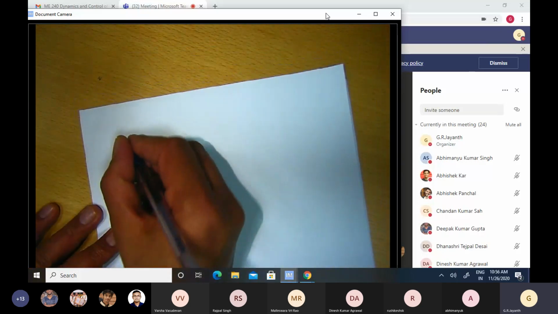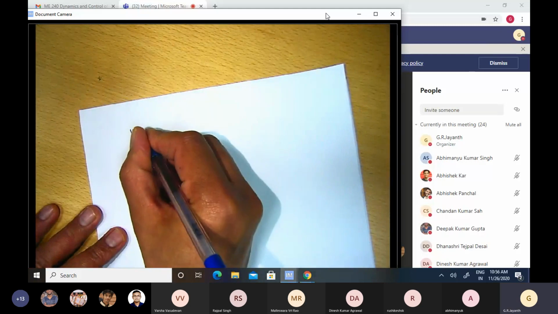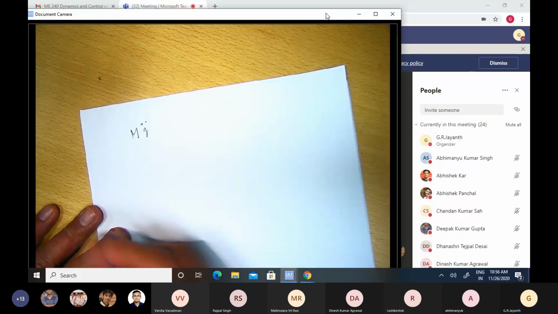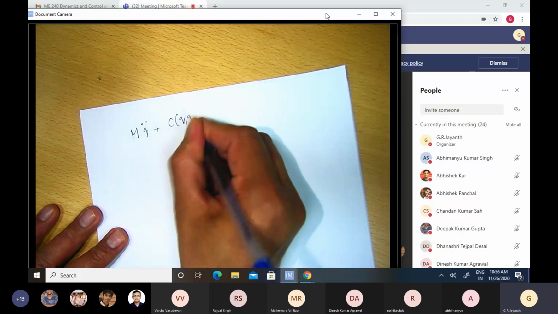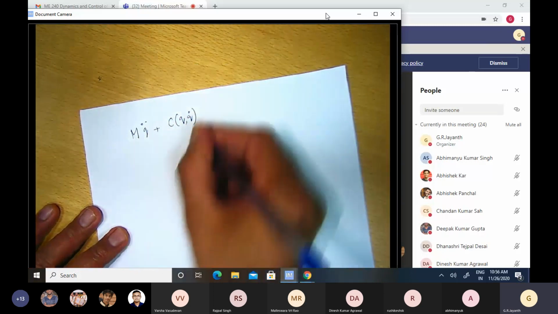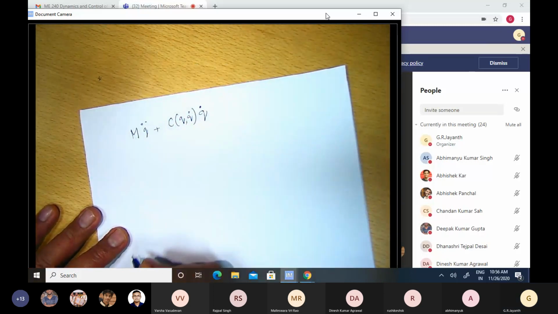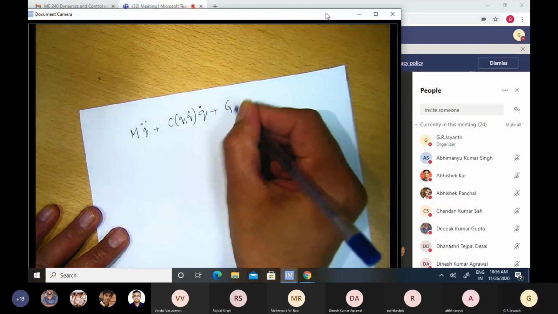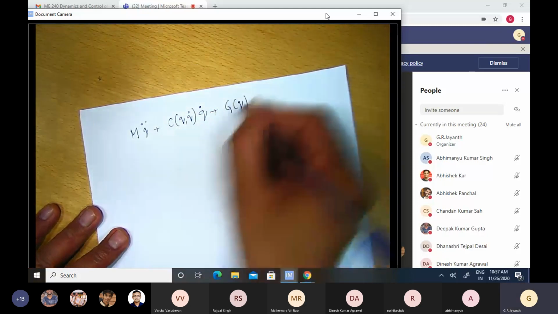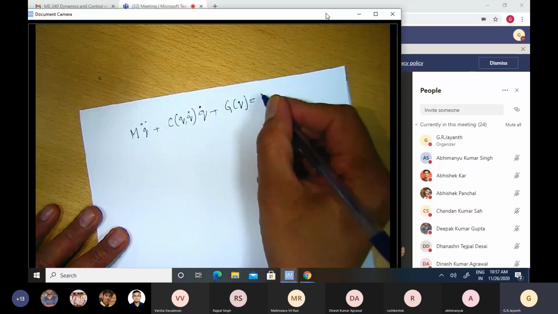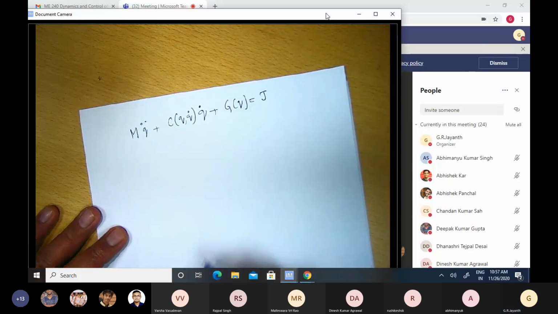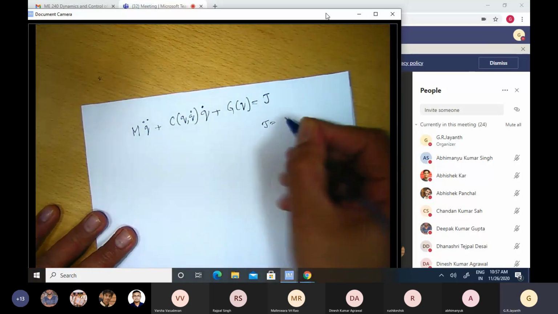It will be of the kind M times q double dot, plus C of q comma q dot times q dot, plus g of q, is equal to the vector of generalized forces. I shall call that tau. Okay, where tau is a vector of generalized forces.